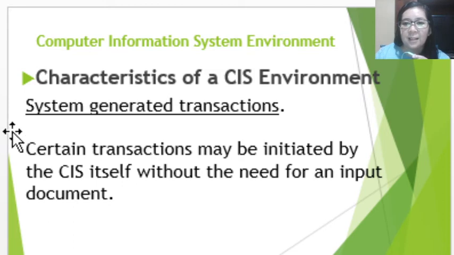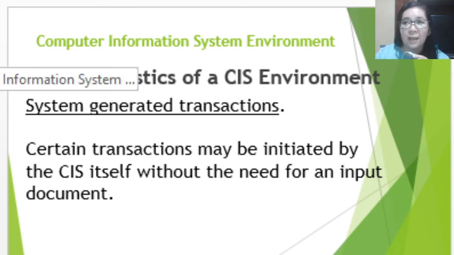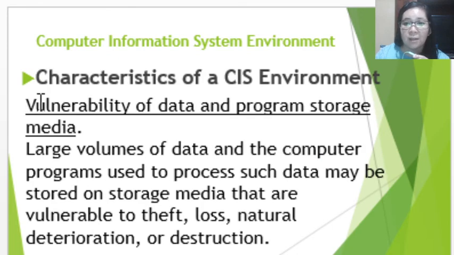Next characteristic is system generated transactions. So certain transactions may be initiated by the CIS itself without the need for an input document. Okay, so again, this is, for example, in the case of an online transaction. That's why, again, the audit trail is eliminated because there is no input document that was used.